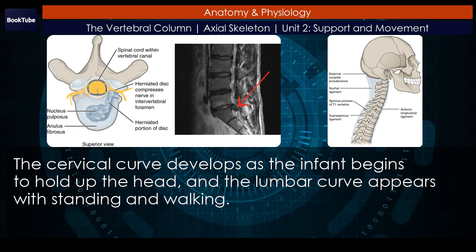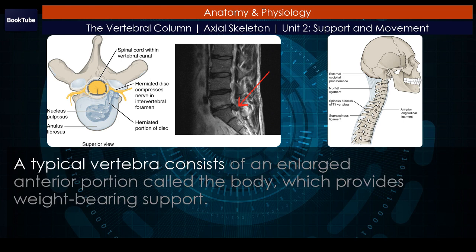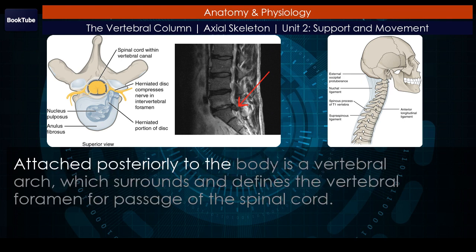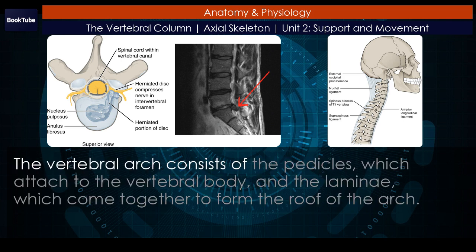A typical vertebra consists of an enlarged anterior portion called the body, which provides weight-bearing support. Attached posteriorly to the body is a vertebral arch, which surrounds and defines the vertebral foramen for passage of the spinal cord. The vertebral arch consists of the pedicles, which attach to the vertebral body, and the laminae, which come together to form the roof of the arch.